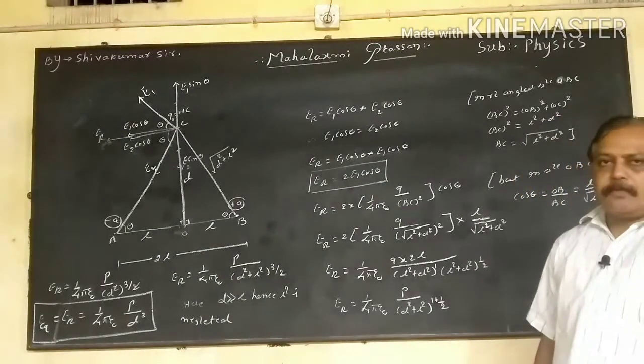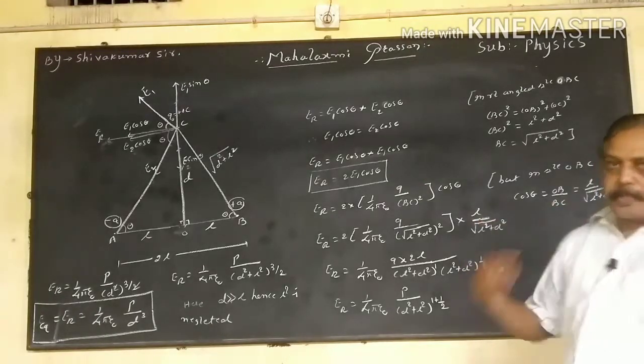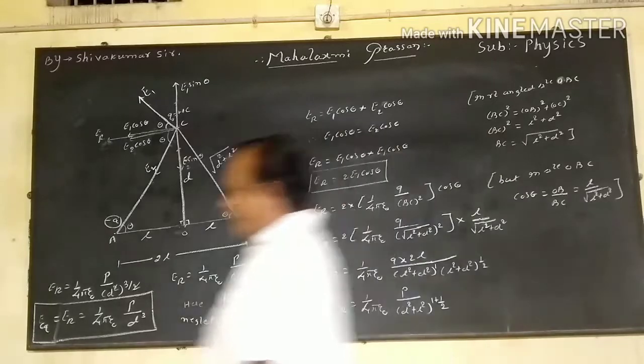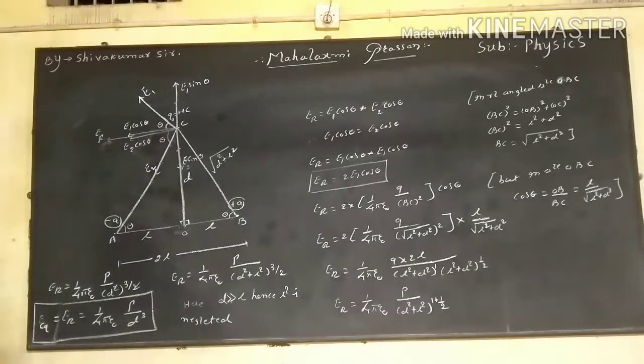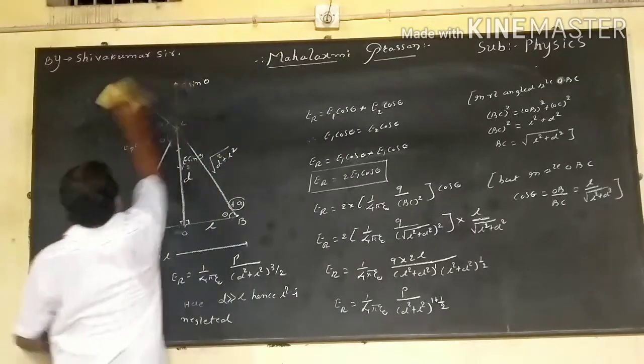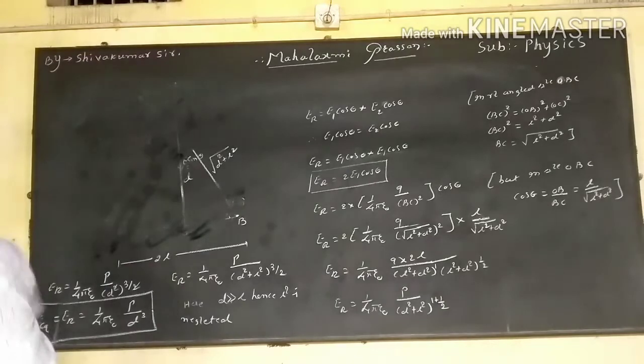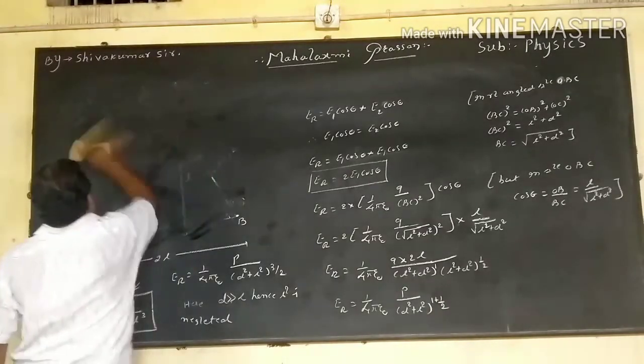Shall I go for comparison of both the electric intensities we derived in the last class and today's class? So I go for comparison of both the electric intensities due to the dipole. One is calculated on the axial line, another one on the equatorial line.